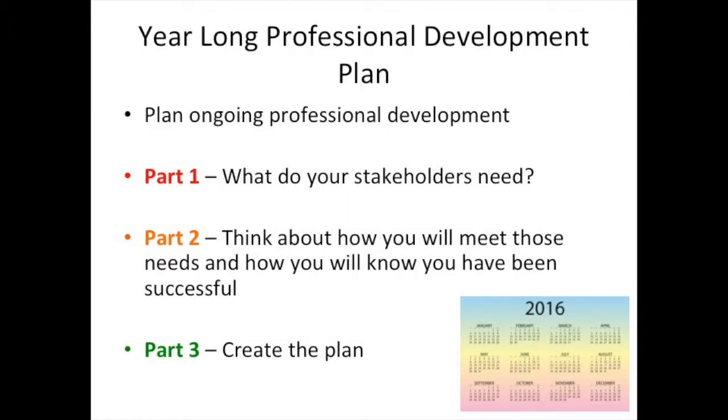The second part is how are we going to meet those needs, and how will we know that we've been successful? And part 3 is actually creating the plan, figuring out what that professional development would actually look like. So those are the 3 big pieces. And as I said, for this lesson, we're only going to focus on part 1, figuring out what our stakeholders need.